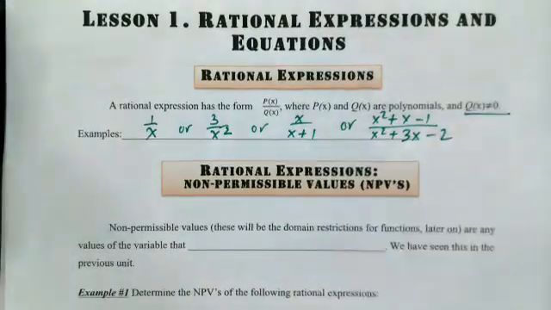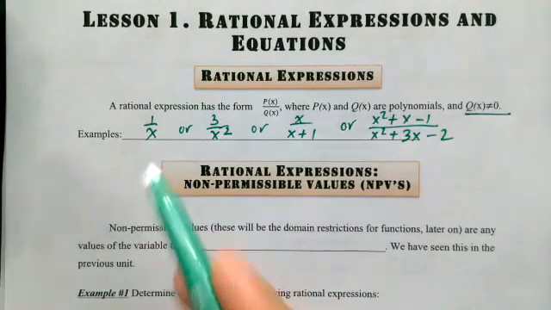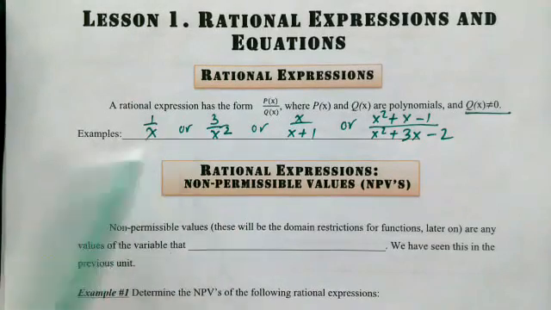I'm just kind of inventing them on the go. Just so you can see the pattern, you just want to have polynomial over polynomial. Notice how in the numerator, we can definitely have just a number as well. That's still going to be called a rational function. The idea of rational functions mostly focuses on the denominator, the bottom expression.